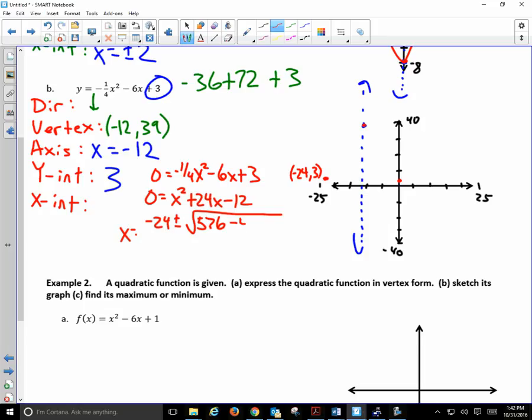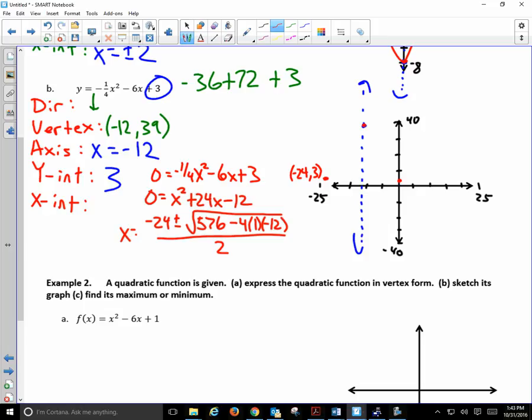Minus 4 times a times c, divided by 2a. So, what do I have in the discriminant? The discriminant is the portion underneath the square root. 624. Now, is 624 a perfect square?